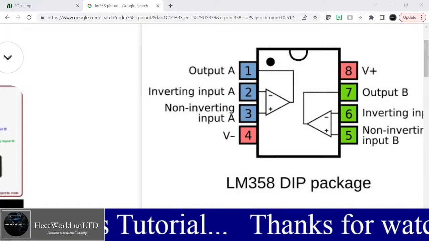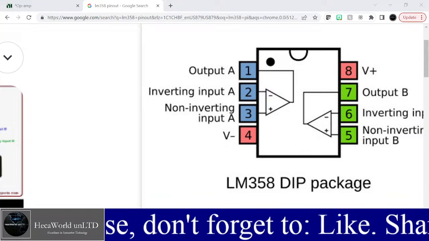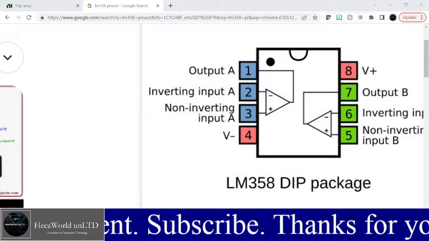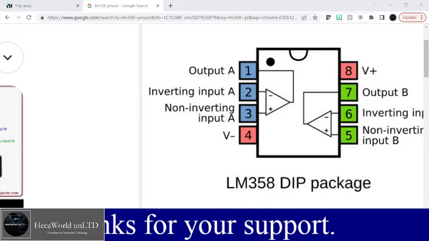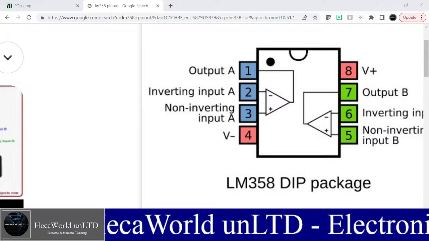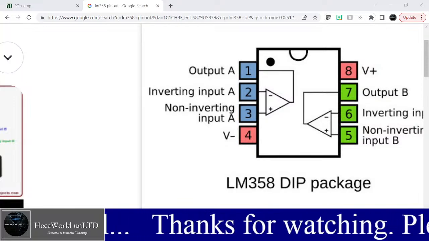Dual inline, so both sides of the IC have an equal number of pins. They are lined up and they are dual, two sides. There are quad inline where the pins are distributed on 4 sides, but in this case, this is dual inline packaging. And as you can see clearly, there are 2 op amps there.